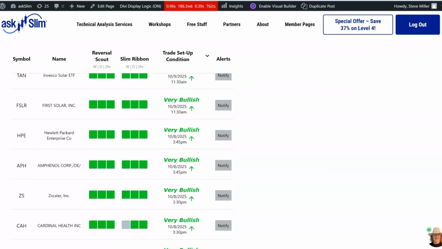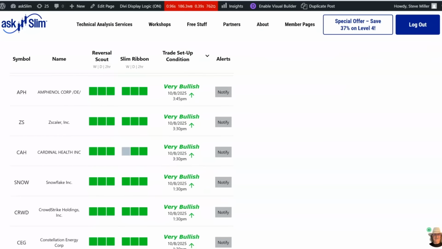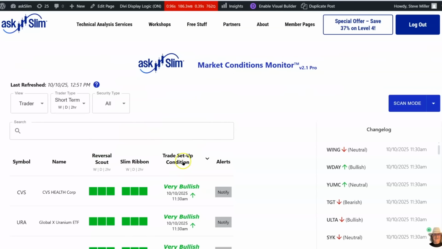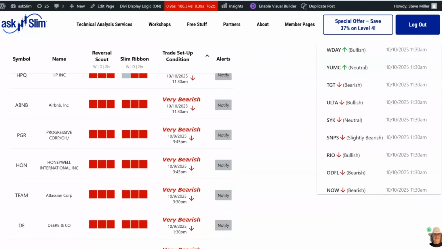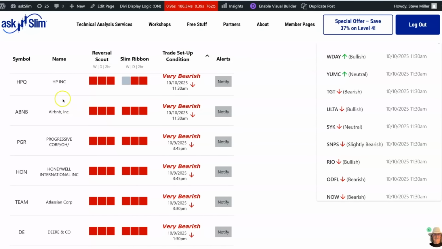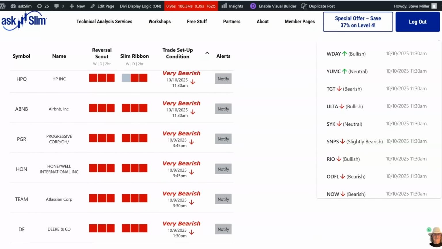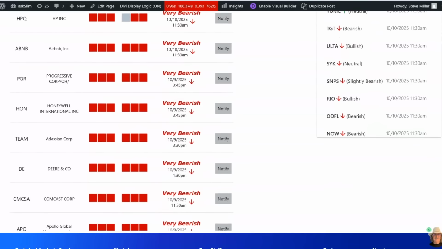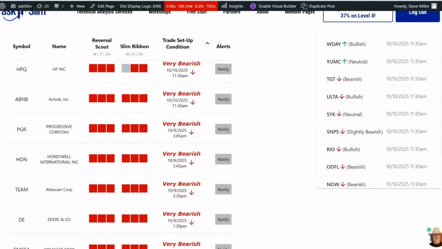We'll just run this down a little bit further so that you could see a few more of those. And if you want to look at the ones that are very bearish in here, you can see those right over here. As you see, HP Incorporated, Airbnb, Progressive Corp, Honeywell, Atlassian, Deere, those are very bearish. Let me just scroll down a little bit further in here, and you'll be able to see the ones that are more negative.